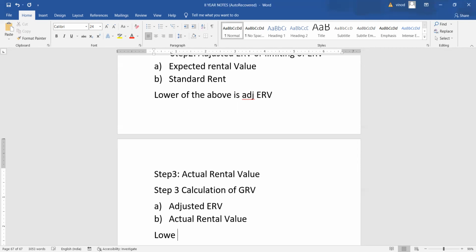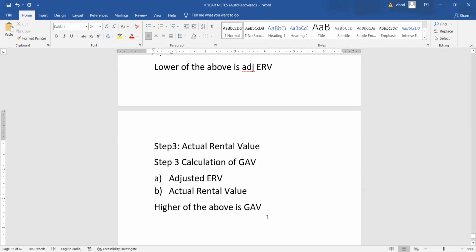Higher of the above is GAV, gross annual value. Higher of the above is gross annual value.